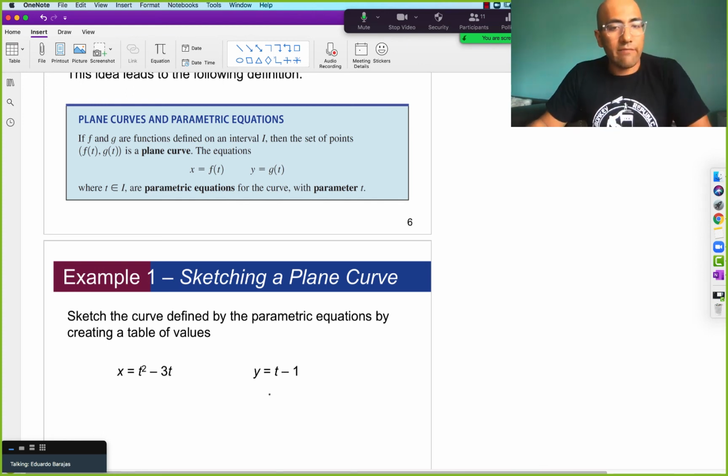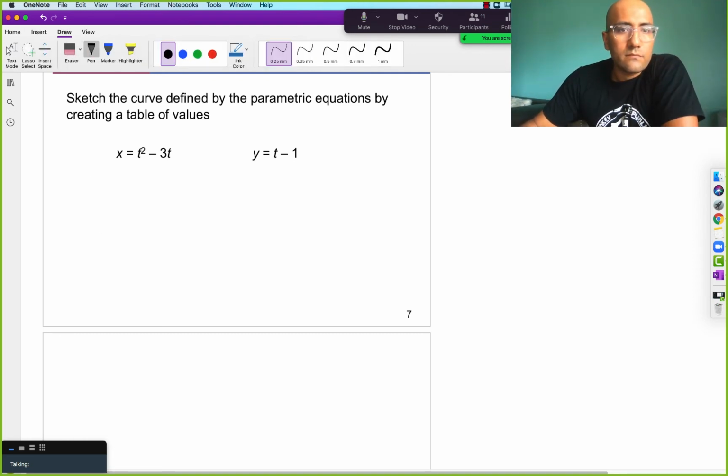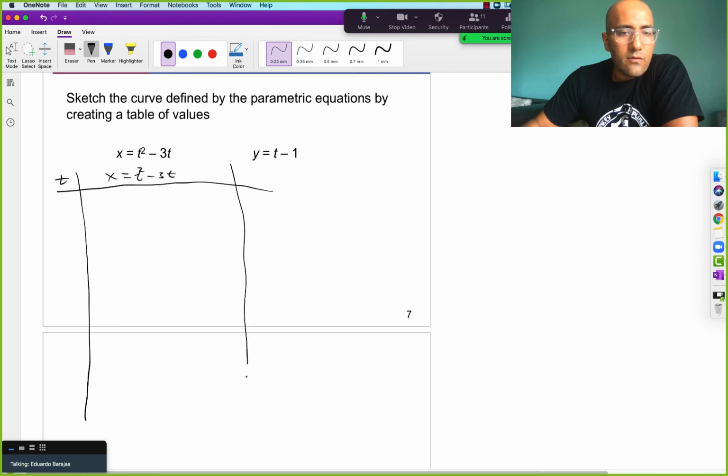In order to graph this by hand, we're going to have to create a table of values. So let's begin with creating a table where we have t values, and then we have our x, which is equal to t squared minus 3t, and then over here, we'll have our y values, which is t minus 1.